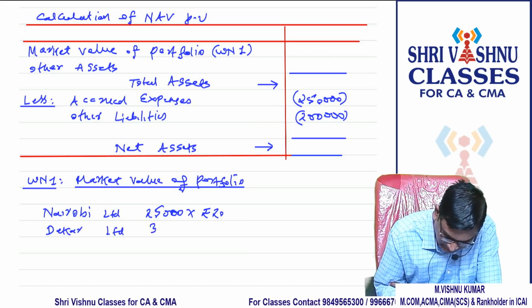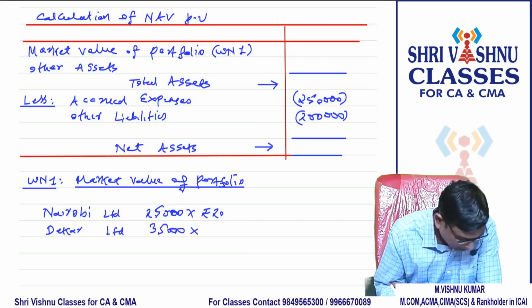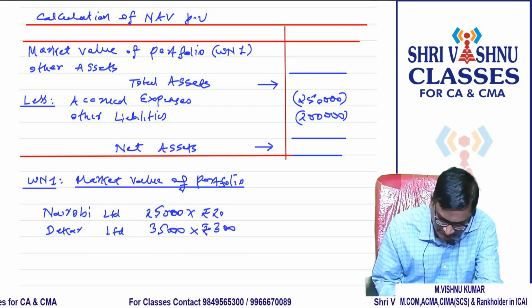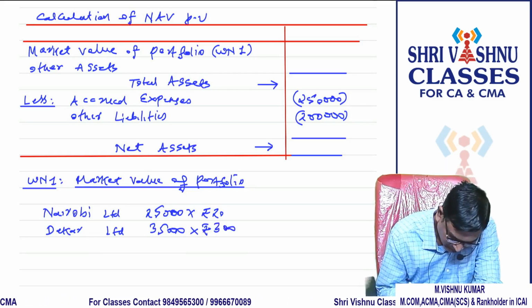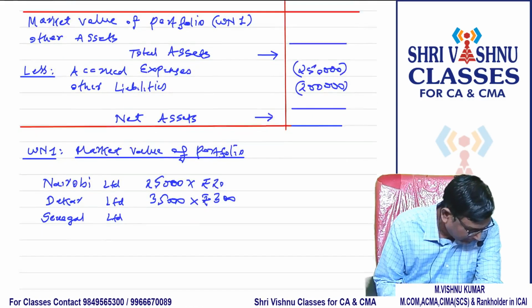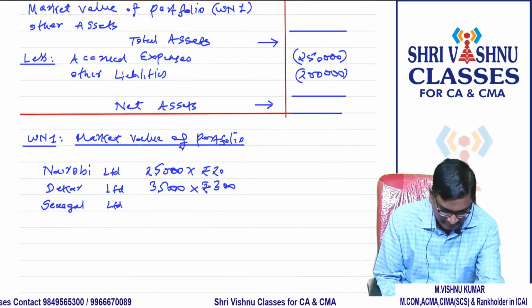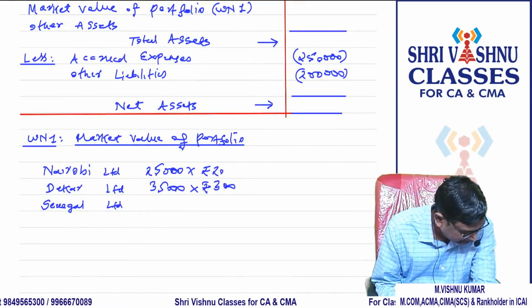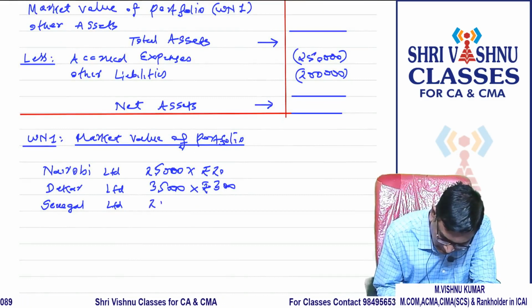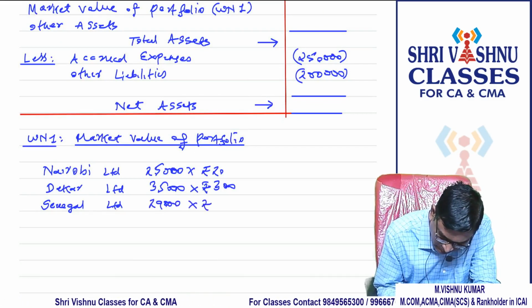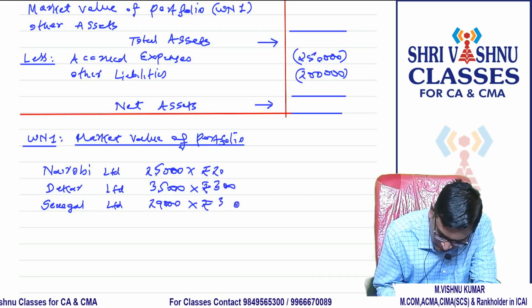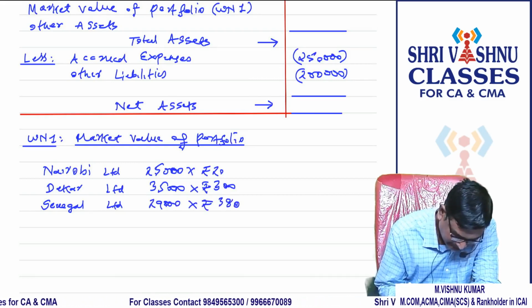Dhaka Limited, 35,000 into 300. Senegal Limited, into 380.